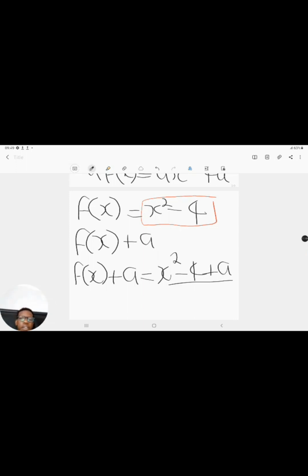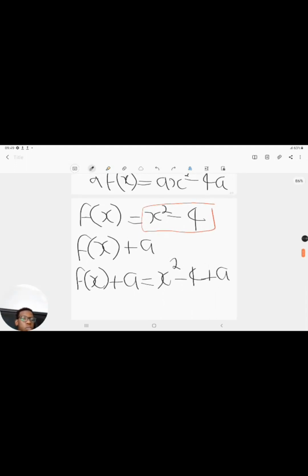Easy. Now what if they ask you to give them f of x plus a, where the a is inside the bracket? What does it mean?